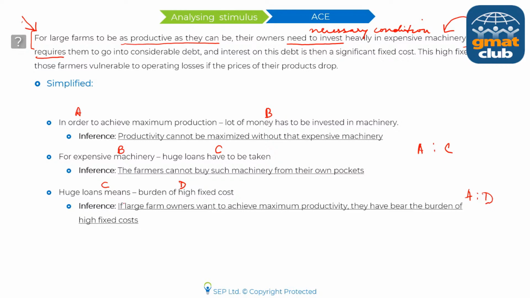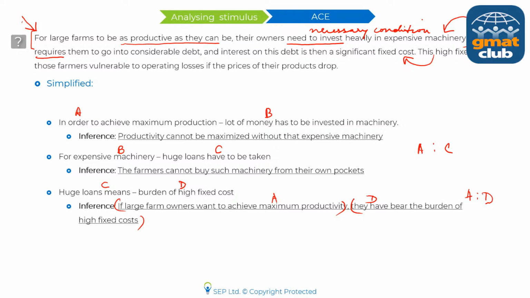This is your A and this is your D, isn't it? Okay. All right, great. So we read the first two sentences and look, we've got three inferences already. Let's see. This high fixed cost makes, so which high fixed cost? Okay, the high fixed cost caused by the addition of that interest on the debt.